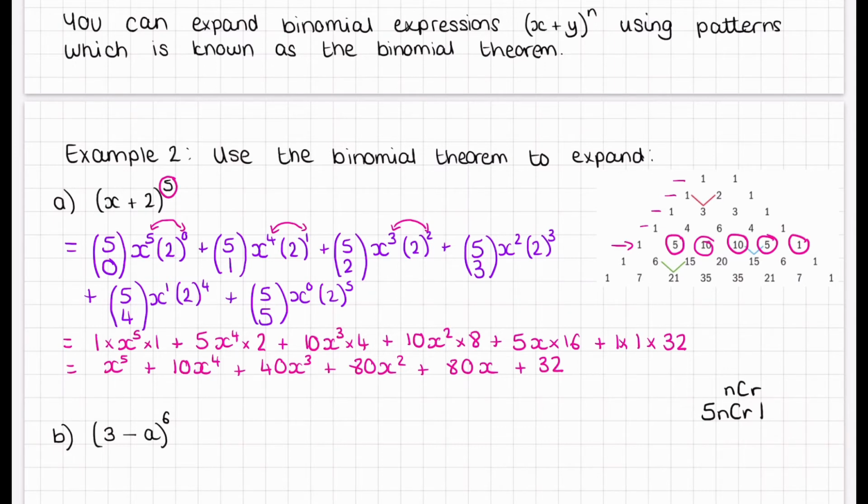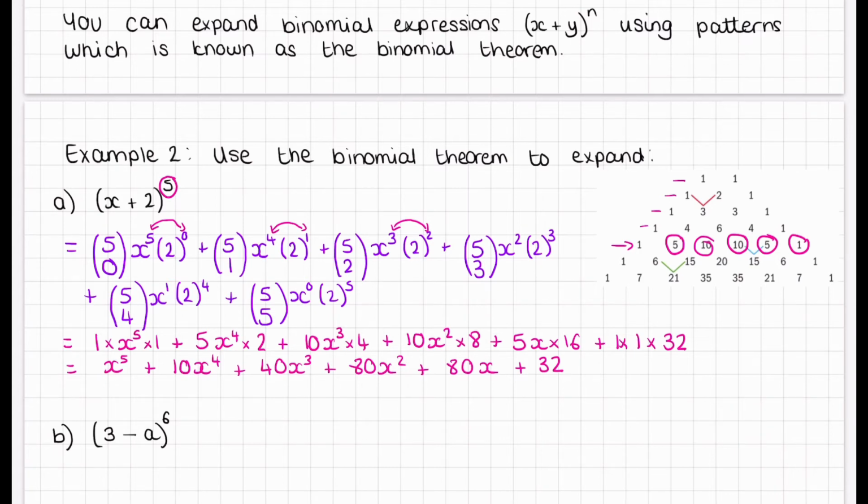If you're on the Texas Instruments Inspire, you can actually just type nCr first, open a bracket, and then 5, 1, and that will work it out as well. So depending on what calculator you have, there will be an nCr button somewhere, or in the graphics calculators, you can often type nCr and it will recognise what you're working out.